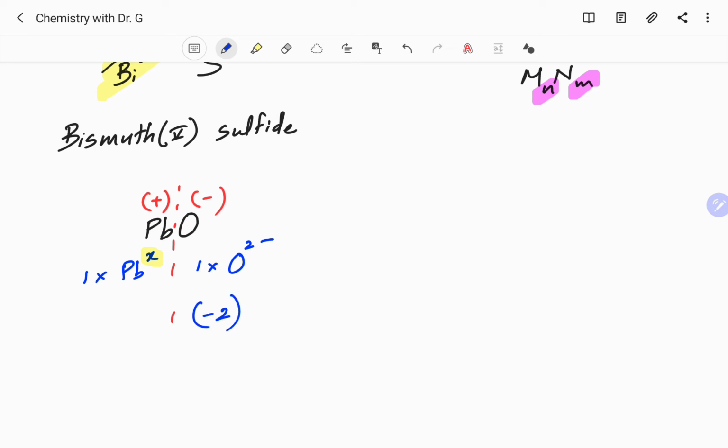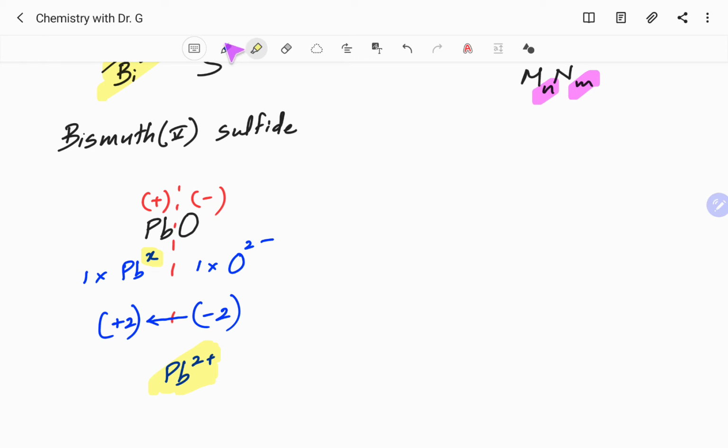The total negative charge from the anion is -2. So it should be equal and opposite to the cation charge, which is +2. This +2 is coming from only one lead cation. So the lead charge will be Pb2+.